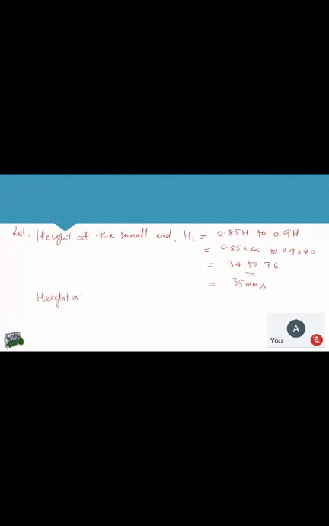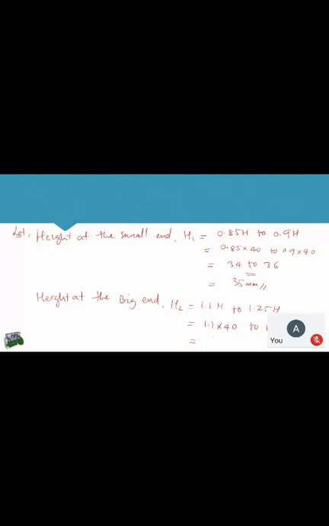Then height at the big end is H2, which is taken as 1.1 H to 1.25 H. So that is why it should be 1.1 times 40 to 1.25 times 40.